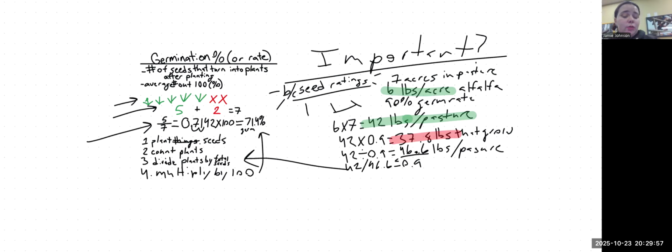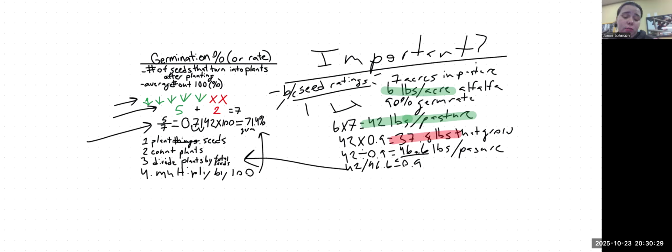If I'm spending 42 bucks to get 38 pounds out of the 42 that I just spent, if I wanted all 42, I'd need to spend the extra $5-ish to get all 42. Right? 37, 38, 39, 40, 41, 42, right?